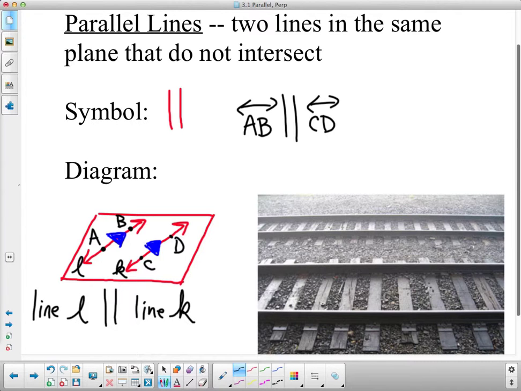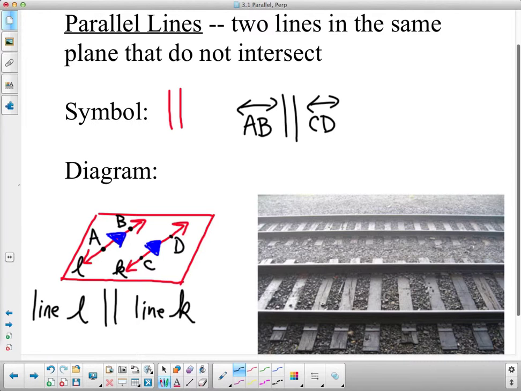So go a little bit more just lines. What in the ceiling could we describe as lines? Lights. Okay, maybe a row of lights and another row of lights. What's a good example from the ceiling? The crossbars that hold the tower. Right, those crossbars. If those crossbars go the same direction, they're parallel.